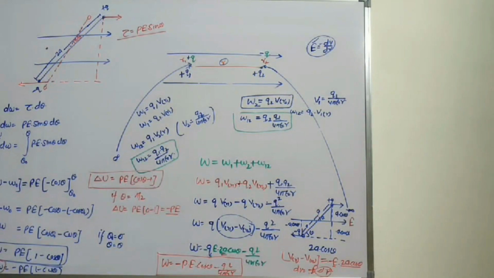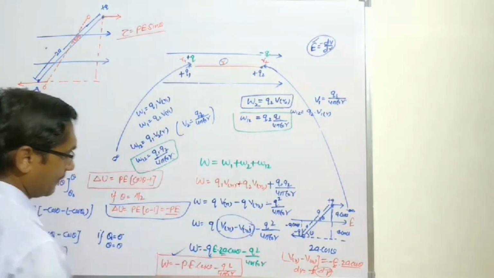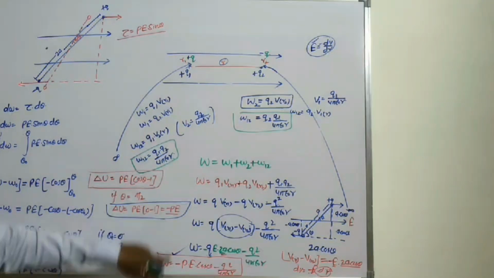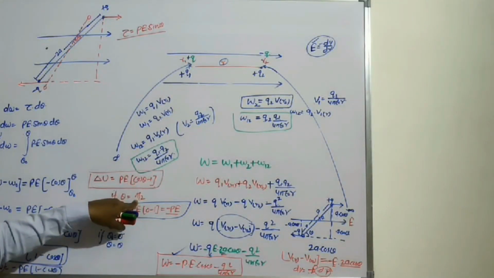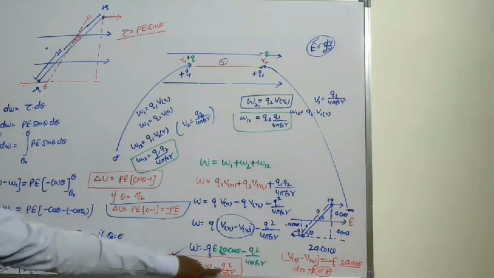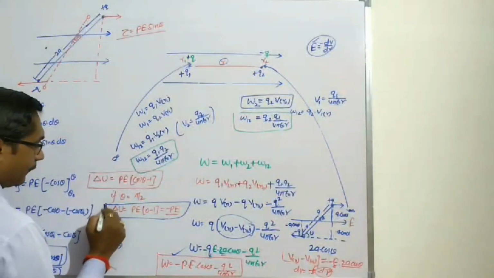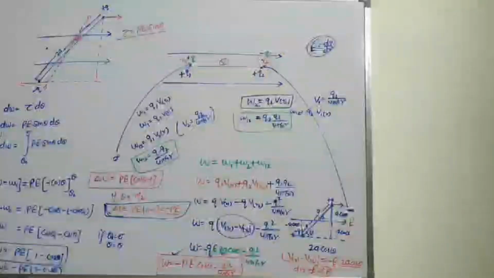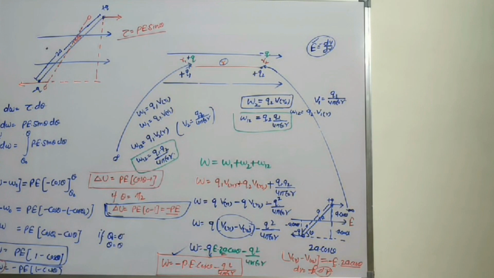Now look at this expression and this expression in the same way. This is work done, and the negative of it is the potential energy, so we get minus PE at theta equals pi by 2, since cos pi by 2 equals 0. That's why PE cos theta minus q square. This is the work done, or potential energy, to rotate an electric dipole in a uniform field, the electric dipole placed in an external field.